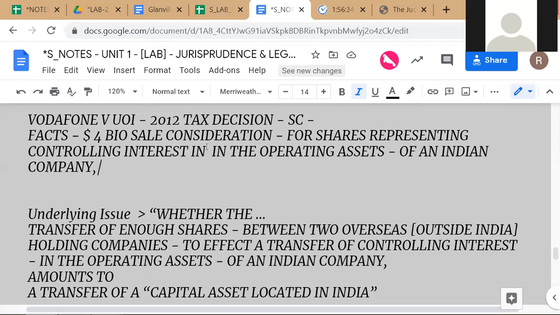There may be some other companies in between in the layers, but this is basically the idea: controlling interest in. This is the business background, where Vodafone wants to get into the Indian business, and these guys want to exit.